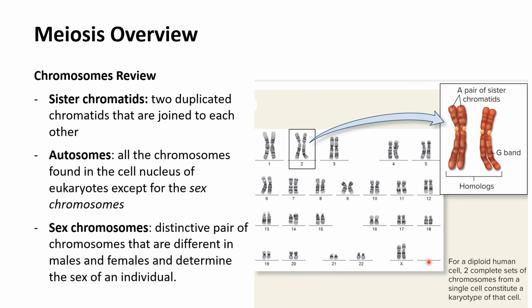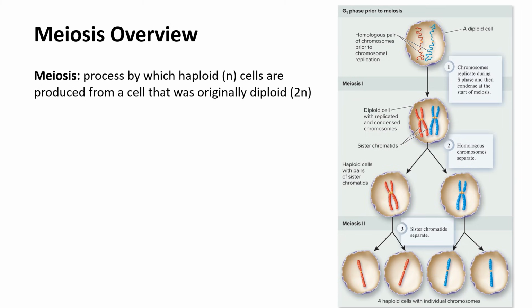Now, what we need to understand as far as meiosis is there's a key difference in meiosis as far as dividing homologous chromosomes in a particular structure. And we'll see that. When we look at meiosis, we're talking about a special type of nuclear or cell division that occurs in your gametes, in your sex cells.